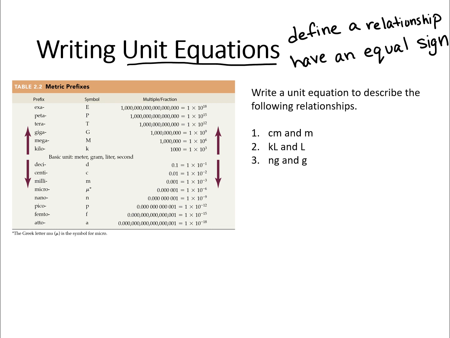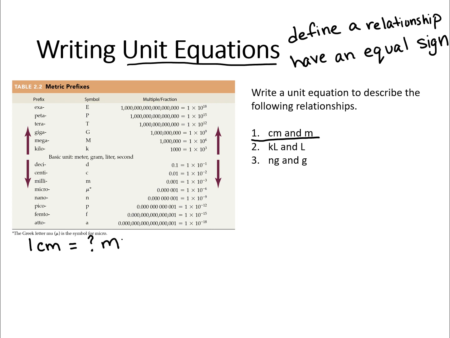I'm going to go through the first one. Actually, we sort of already did go through the first one, but we'll go through it again to write a unit equation. And we'll just write it in a slightly different way. So for number one, we're looking at the relationship between a centimeter and a meter. If I have 1 centimeter, how many meters do I have?